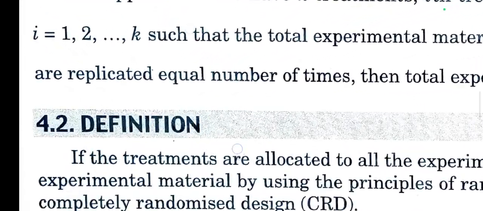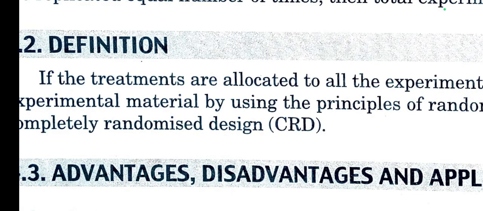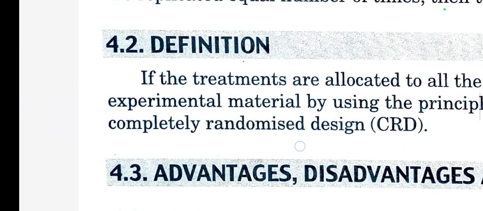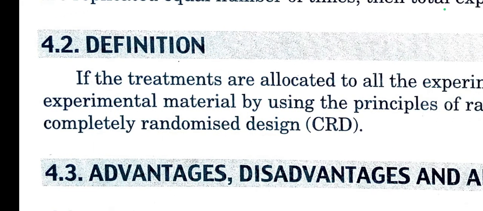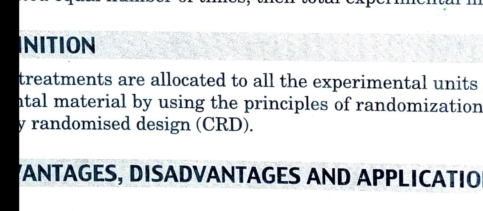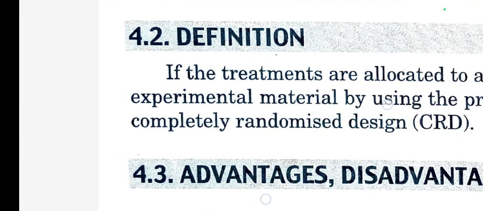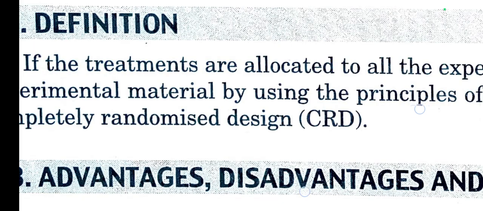Next, the definition: if the treatments are allocated to all experimental units randomly over the entire experimental material by using the principles of randomization and replication, it is called a completely randomized design.